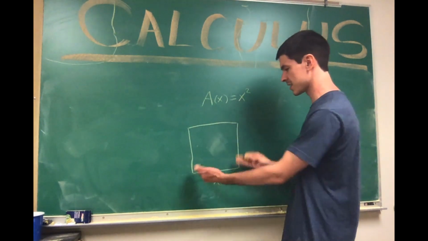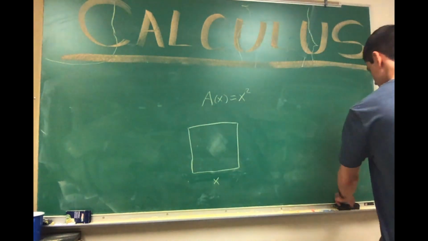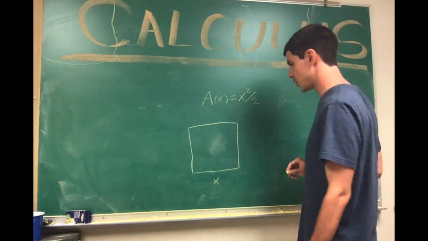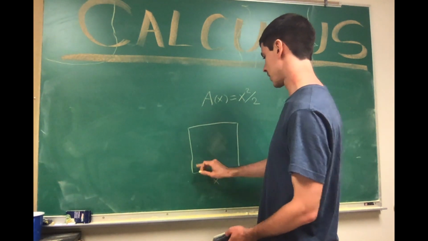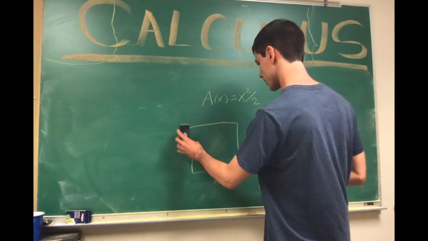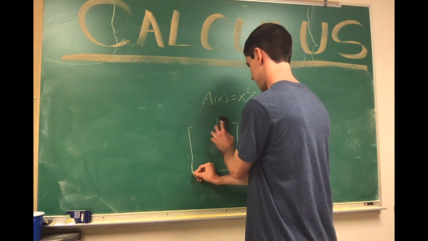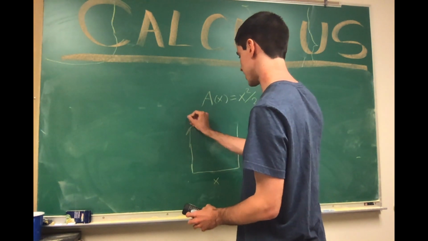This is somehow fundamentally different than Cartesian coordinates. But let's alter the problem slightly, to x squared over 2, and this allows us to do something kind of nifty, where we cut this in half, and let's call this the y-axis.